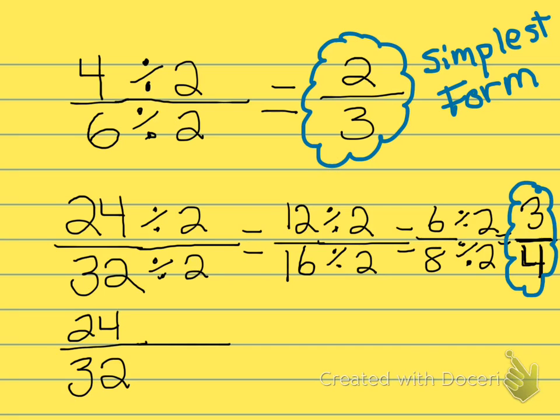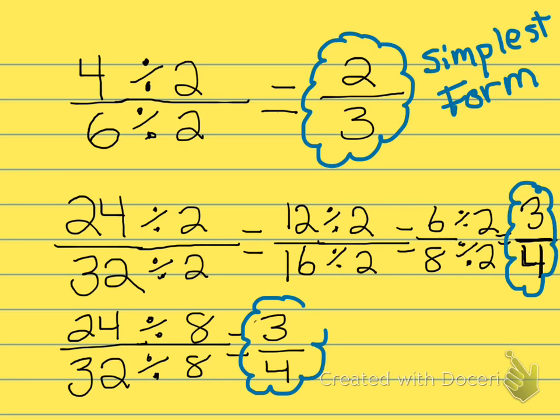So let's try it. Divide by 8. Divide by 8. I know that 8 times 3 makes 24, and 8 times 4 makes 32. So 24 divided by 8 is 3. And 32 divided by 8 is 4. Aha! We ended up with the very same simplified form in one step rather than 3. And I know it's in simplest form.